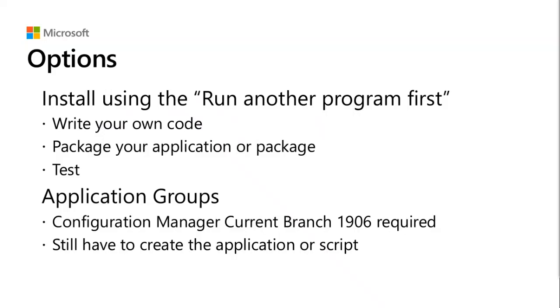Application groups work awesome because you write your application and you deploy it pre your other application, and this means that you can run a whole bunch of different stuff before and after your actual program installs. Unfortunately, this customer at the moment didn't have 1906, so I still had to look for other options. The only drawback is you still had to create your own application script, still had to distribute it, still had to deploy it, so you're back in the same boat.